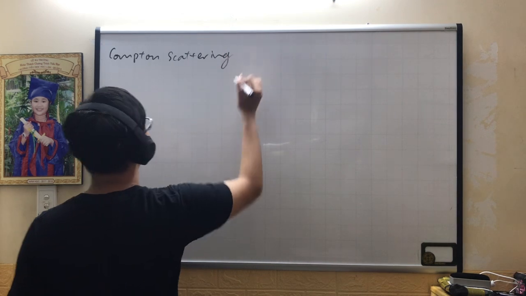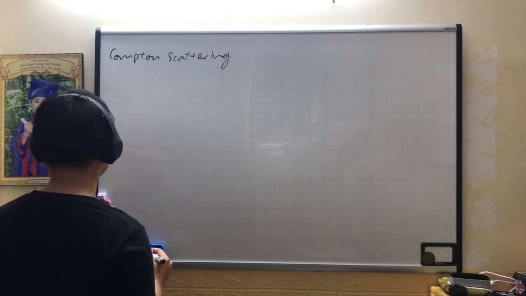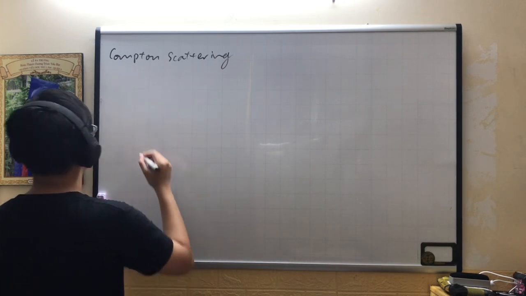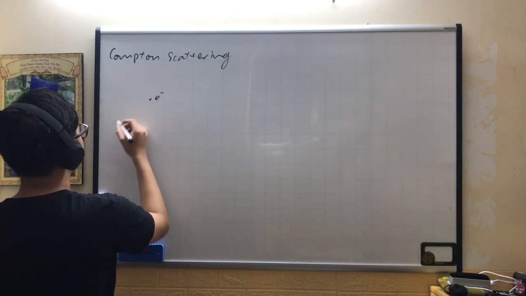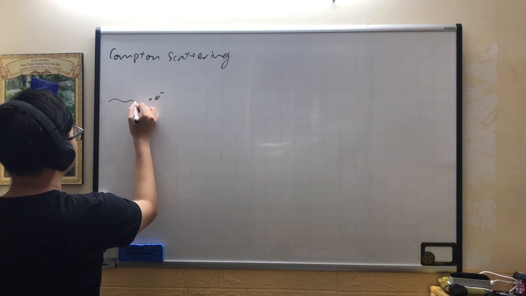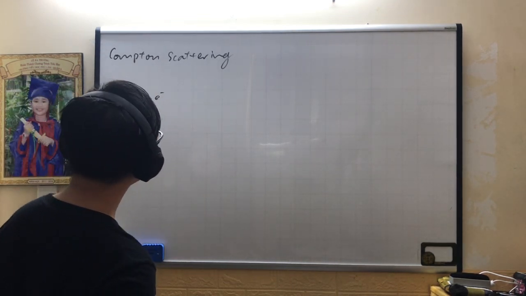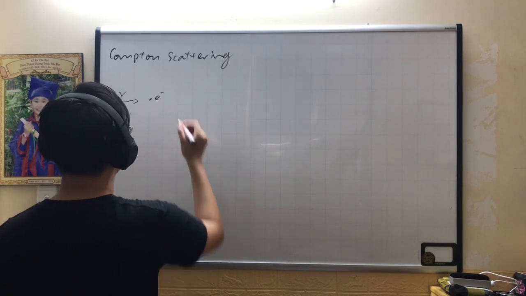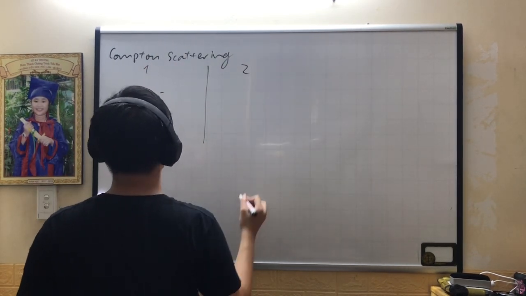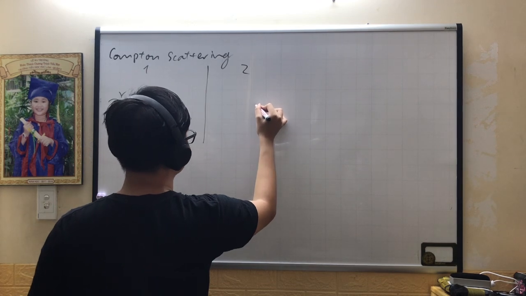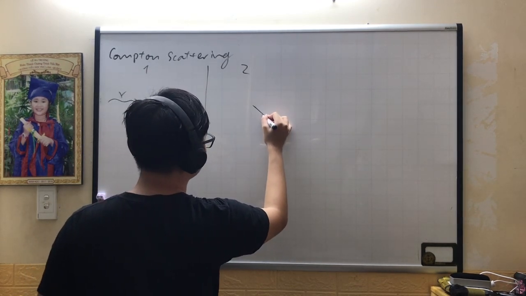where he ejects a photon light beam at an electron. Suppose you have an electron here. So he shoots a light beam in, and he saw that after this initial frame, in the next frame, the electron changes direction from stationary to moving like this.